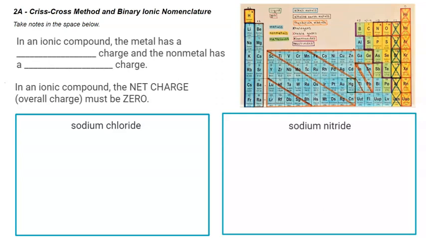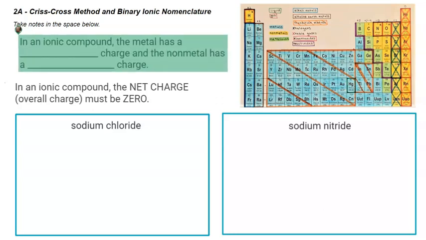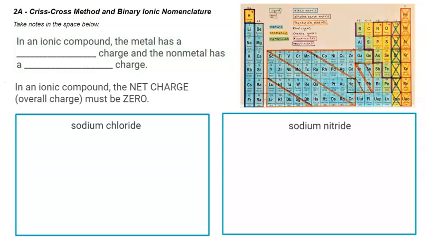The crisscross method is a quick and easy way to determine the chemical formula for an ionic compound. And as we know, in an ionic compound, the metal will always have a positive charge. And so right here in our blank, we'll fill in that the metal will always have a positive charge.